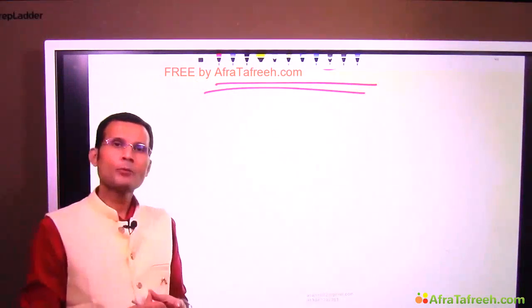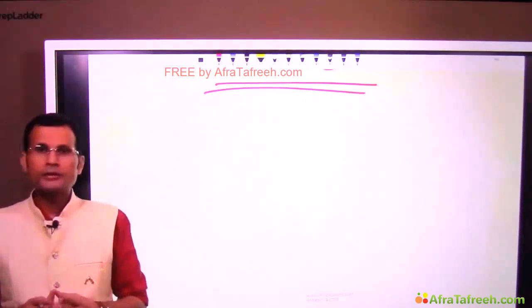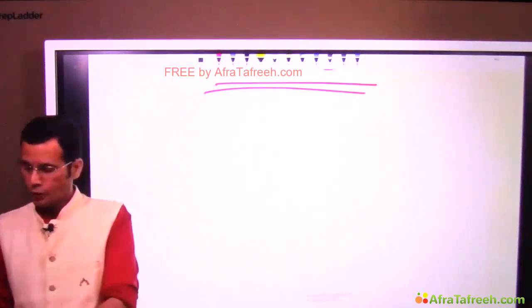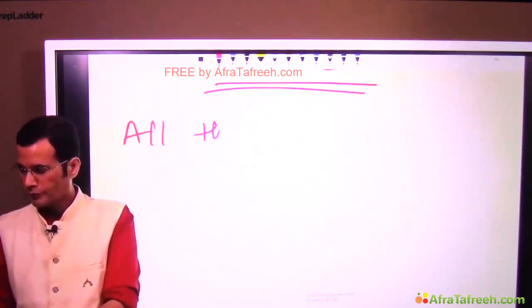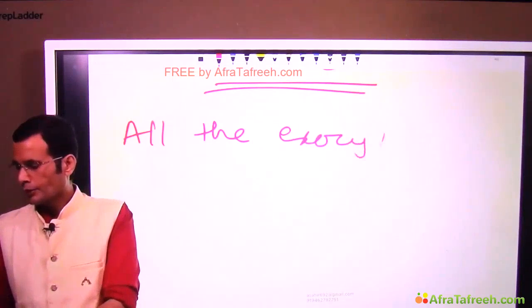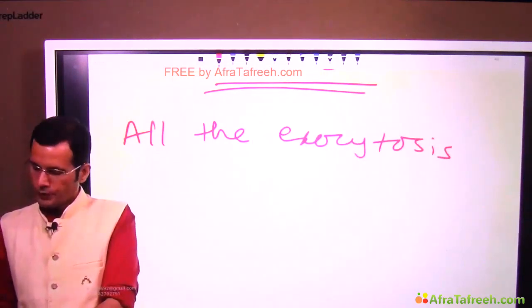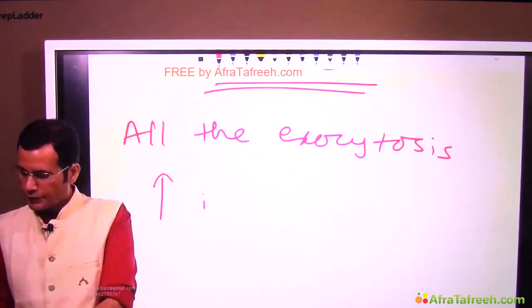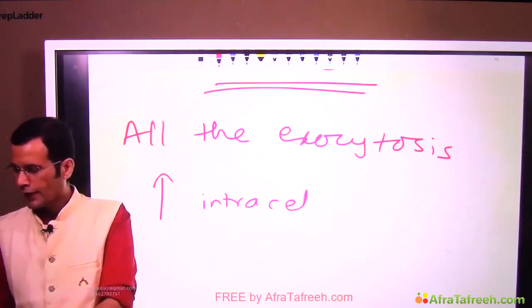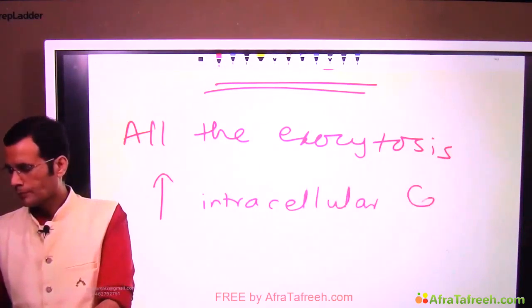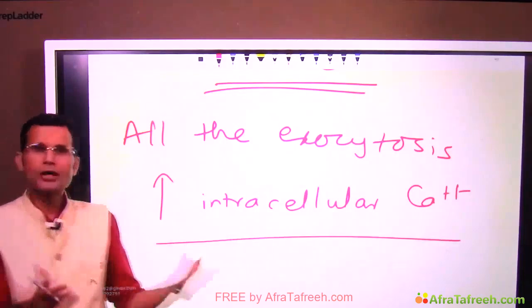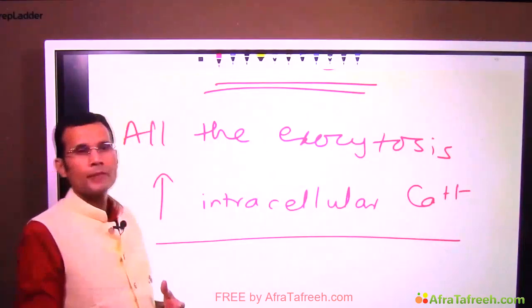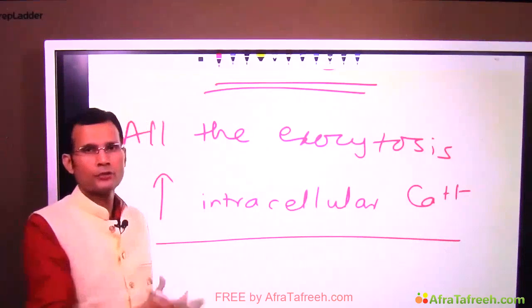Finally, let me just make one point. All the processes of exocytosis need an increased intracellular calcium. Right? We saw that just now, that calcium comes in and only then the exocytosis happens.